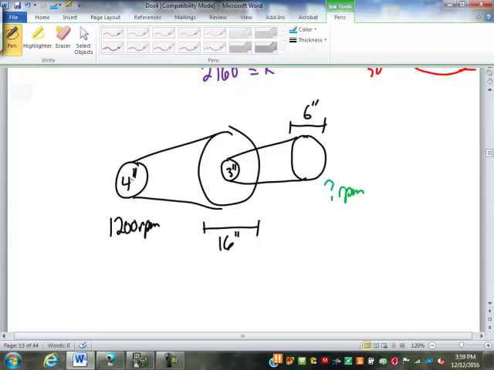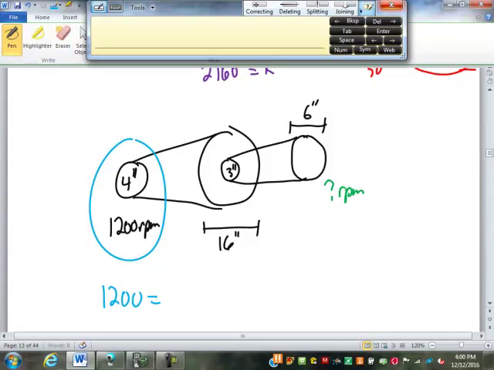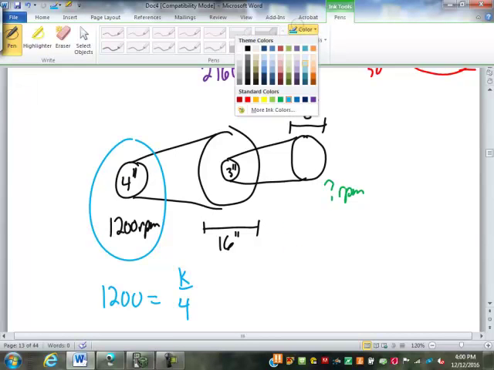So I start out here. First relationship, 4-inch pulley turning at 1,200 RPM. So 1,200 equals K divided by 4, because inverse relationship between the size and the RPM.